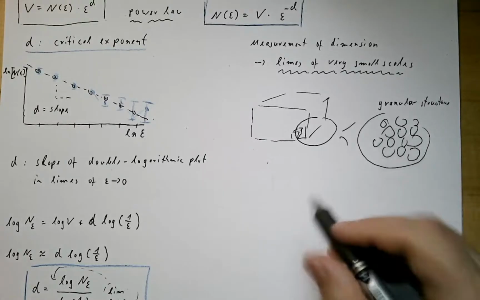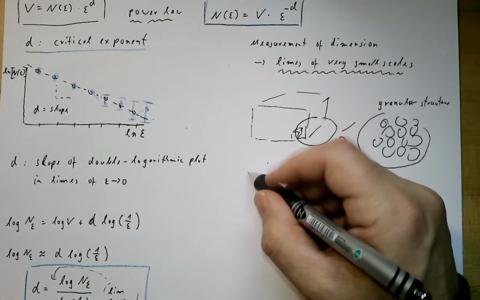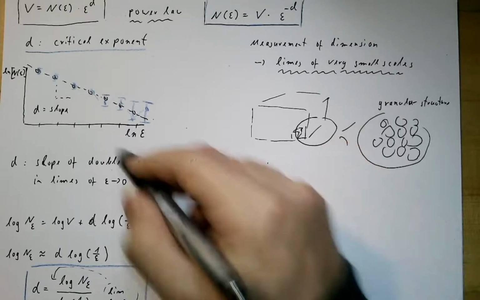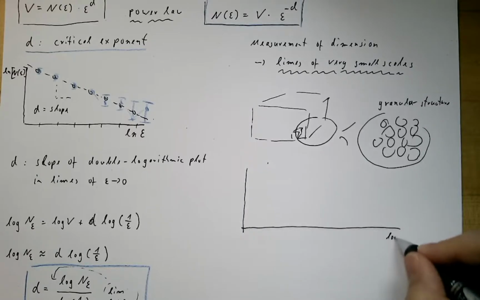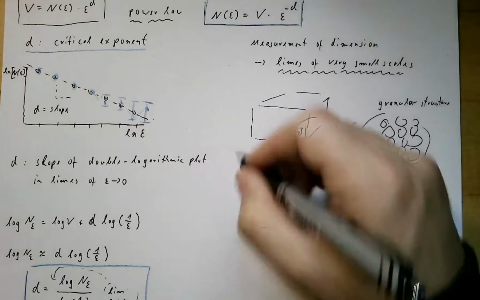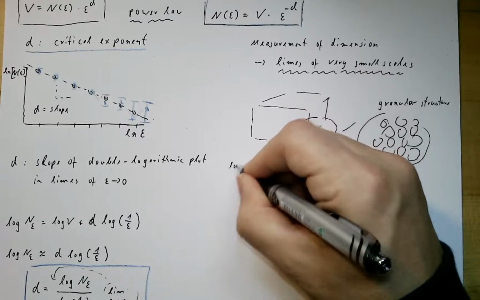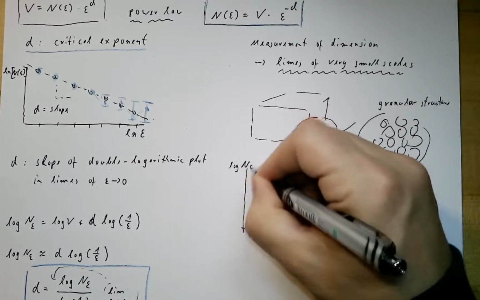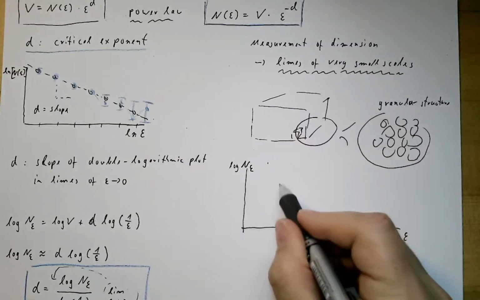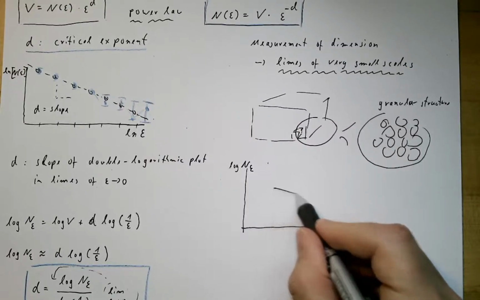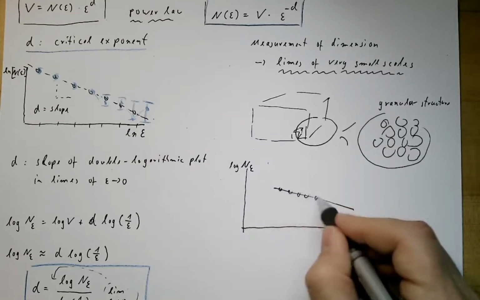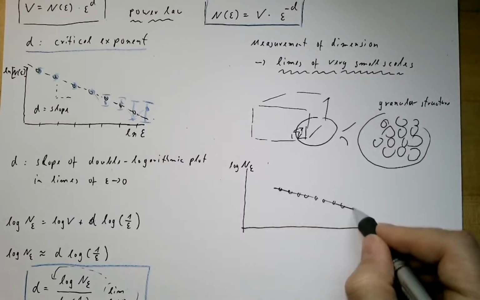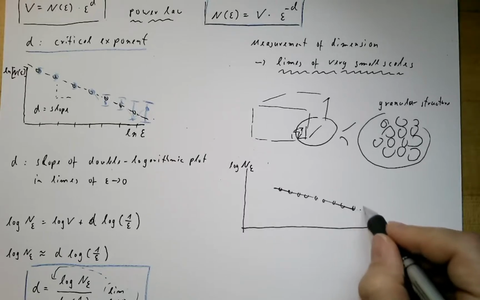So if we make the same plot again, here we have log of epsilon, and the log of N of epsilon, and we should expect there to be a scaling regime where our measurements would be perfect, and then we would start to see error bars.